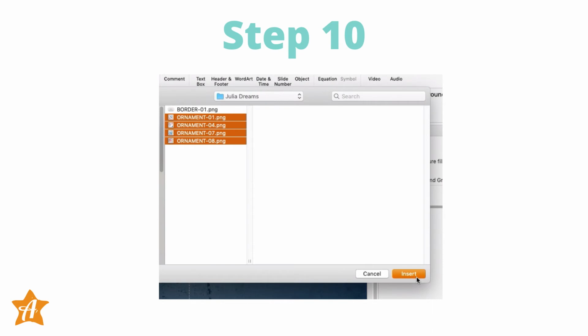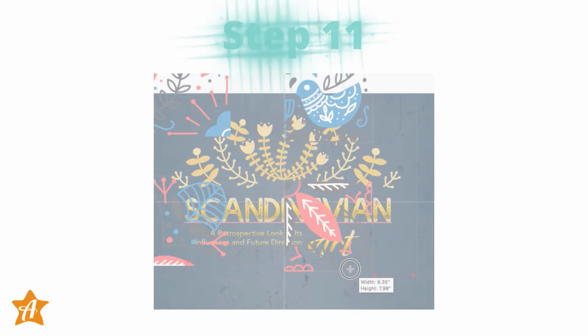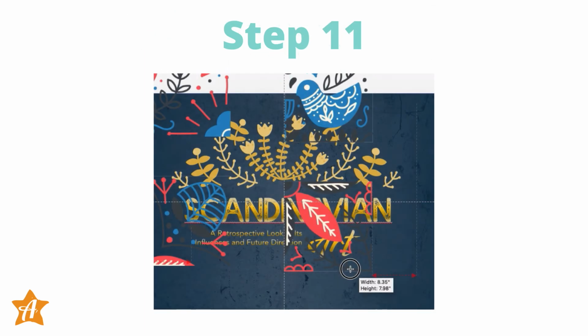Step 10. Insert the floor ornament files from the Julia Dreams folder. I placed the 4 ornaments in a square so that I could select them all and resize them all together, so I don't have to do that individually.